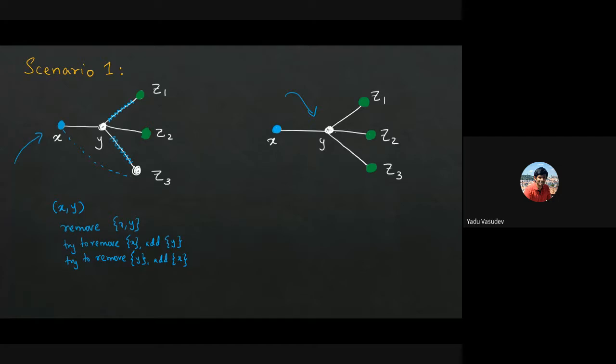So it is possible. So you want to remove y and add z3. Yes, sir. Okay, so I see. Let me just think. I think there is some issue in what I just said. Let me just think.